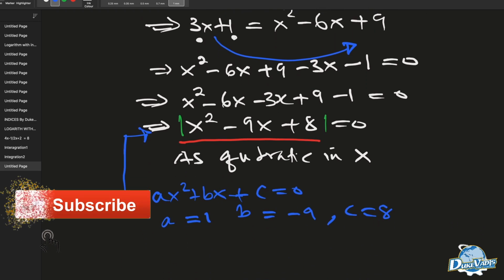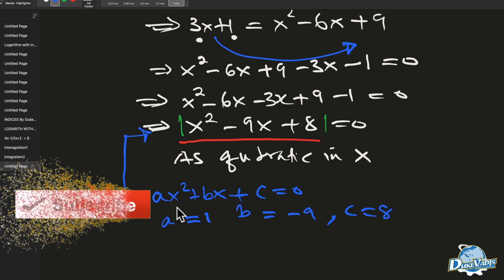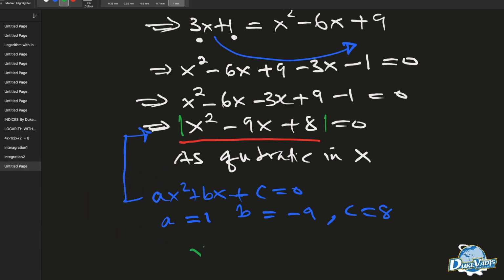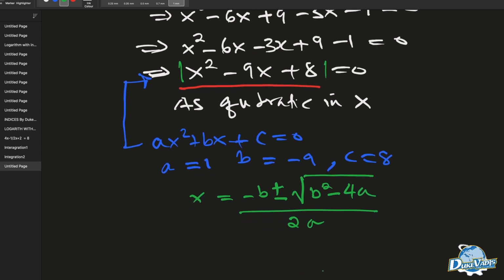Then we can use the almighty formula, which is given as x is equal to -b plus or minus the square root of b squared minus 4ac, all over 2a.